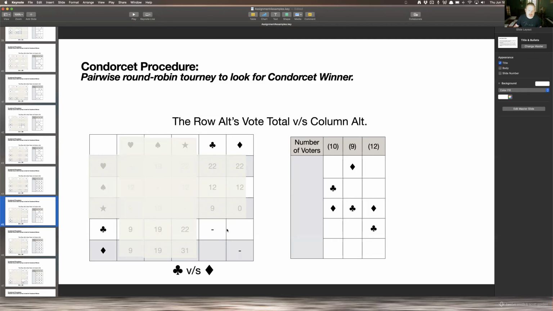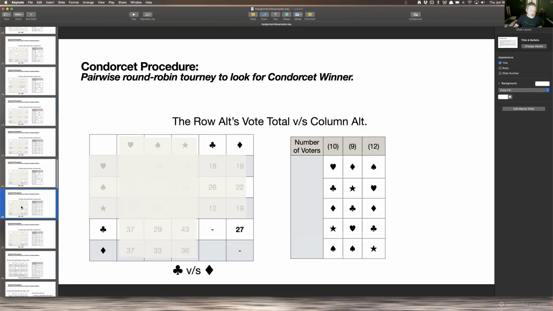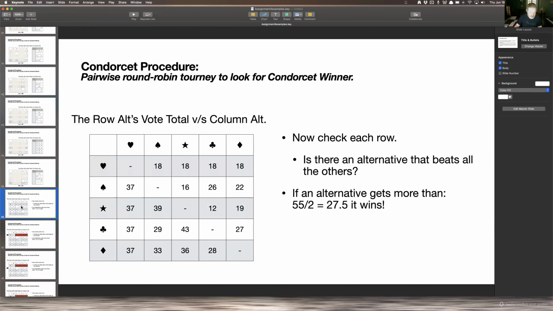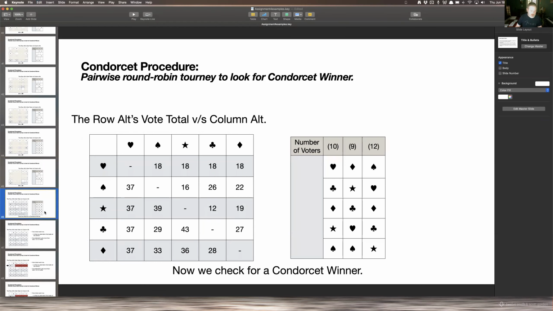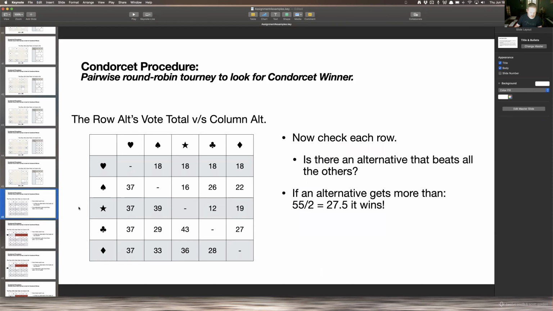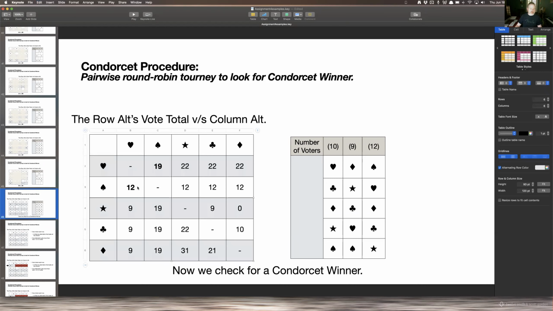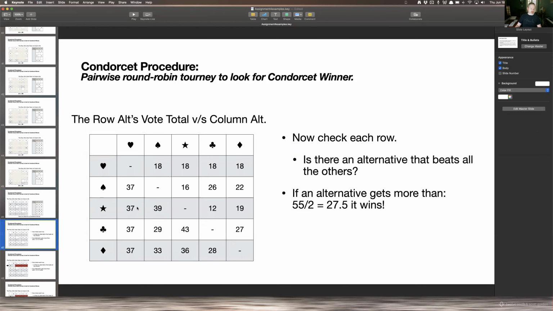So clubs is going to get 10, and diamonds is going to get 9 plus 12, which is 21. And that is all, finally, of our pairwise comparisons. Those are all our pairwise comparisons.